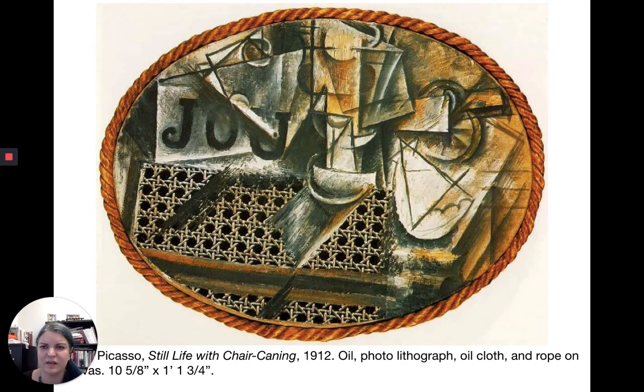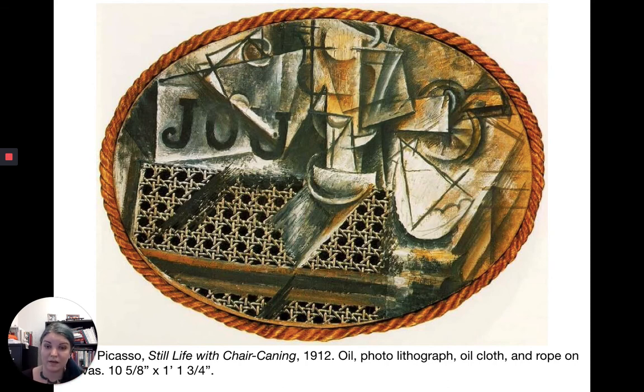It's also sort of a joke, not exactly. It's a look at simulacra, which we don't really talk about till much later in postmodernism. But basically, the title is Still Life with Chair Caning. A still life is composed of actual objects. So you would think that the chair caning, since this is a collage, is the actual chair caning, the woven part of a chair.